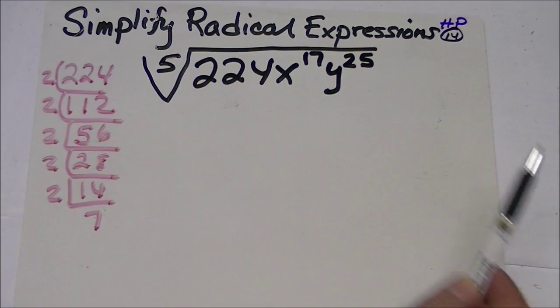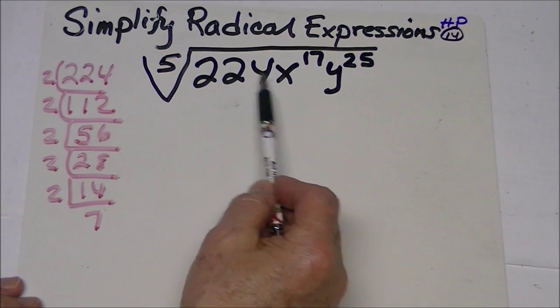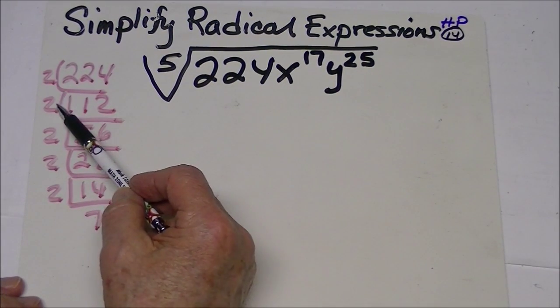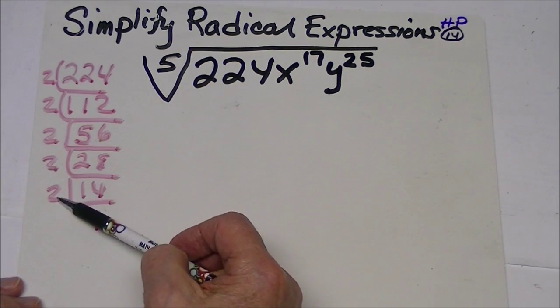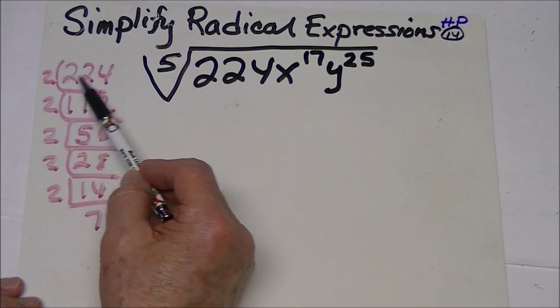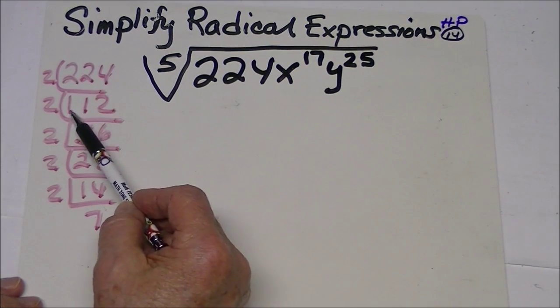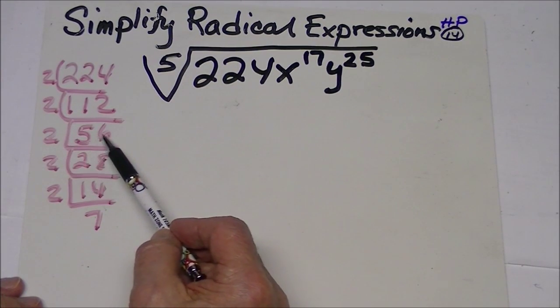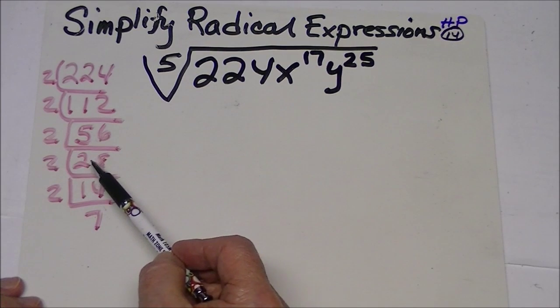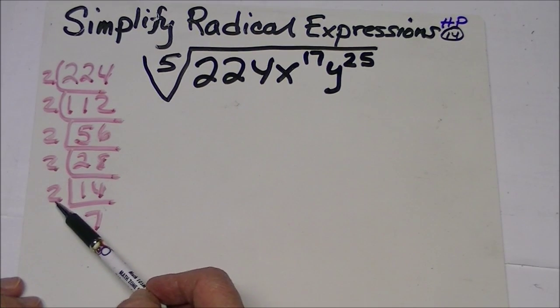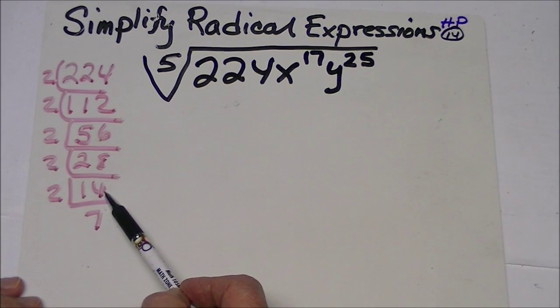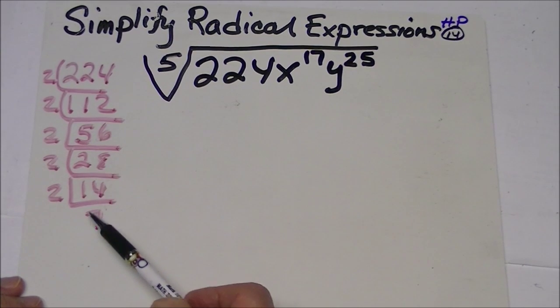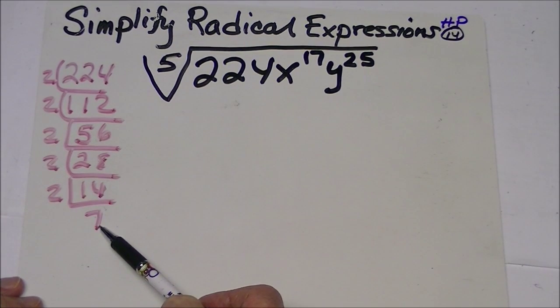Well, what I did over here is take the 224, and I started to find the prime factorization of it by dividing it by 2, getting 112, dividing that by 2, getting 56, dividing that by 2, 28, dividing this by 2, 14, and then ending up with a 7.